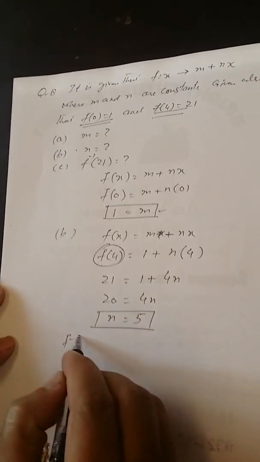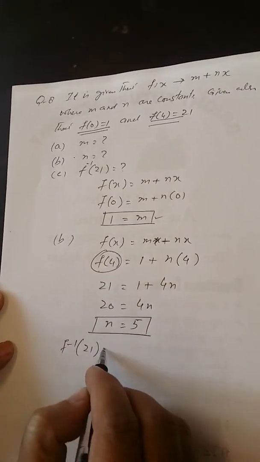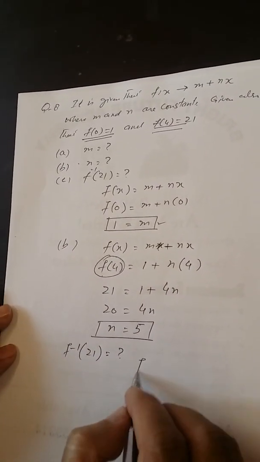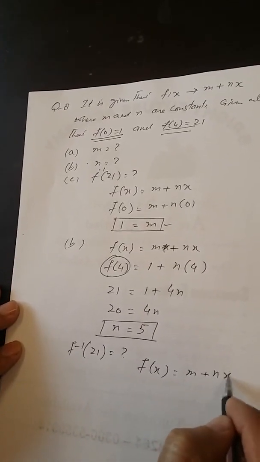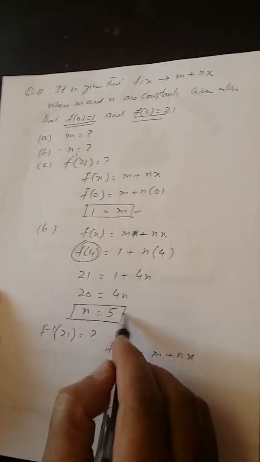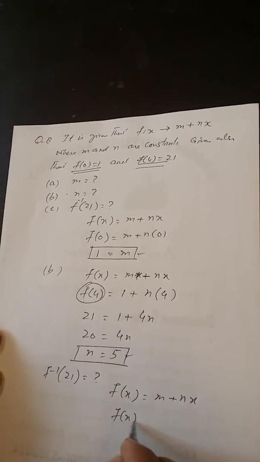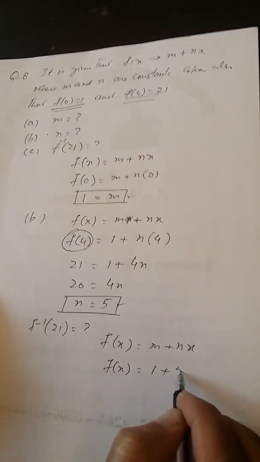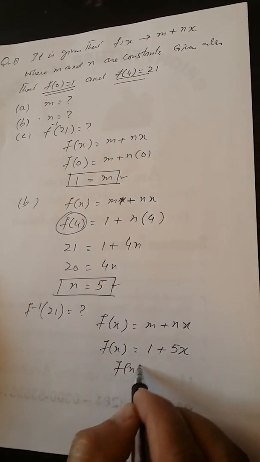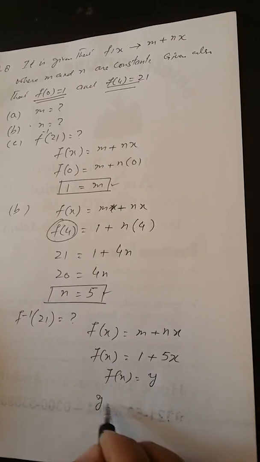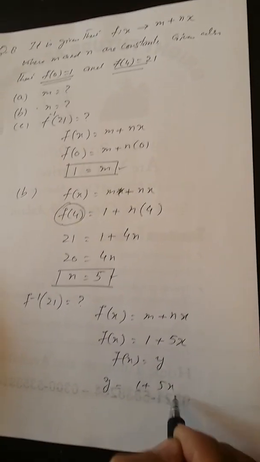For f inverse of 21 is equal to, just write the function which is m plus nx. Now use the value of m and n. F of x is equal to 1 plus 5x. Find the inverse: f of x is equal to y is equal to 1 plus 5x.